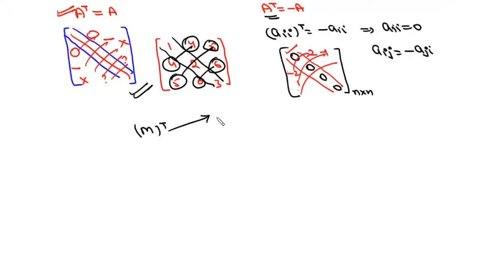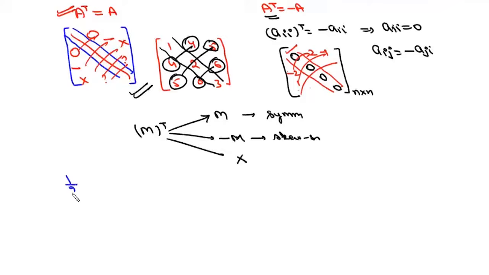If after taking the transpose the matrix remains the same, we say it is a symmetric matrix. If it becomes minus A, then we say it is skew symmetric, else it is neither symmetric nor skew symmetric. Say for example, suppose we have to find whether 1 by 2 (A plus A transpose) is symmetric or skew symmetric.